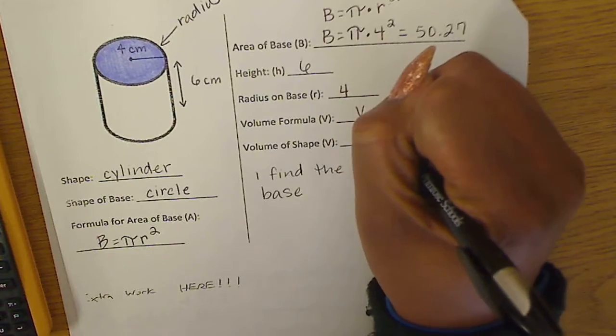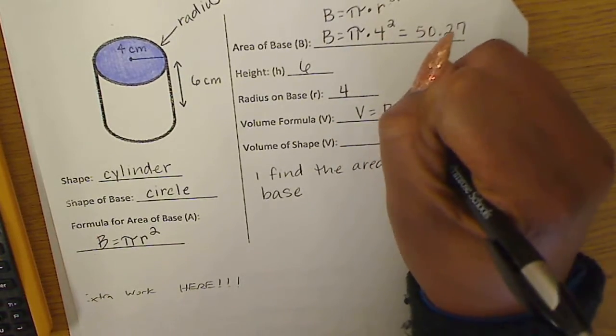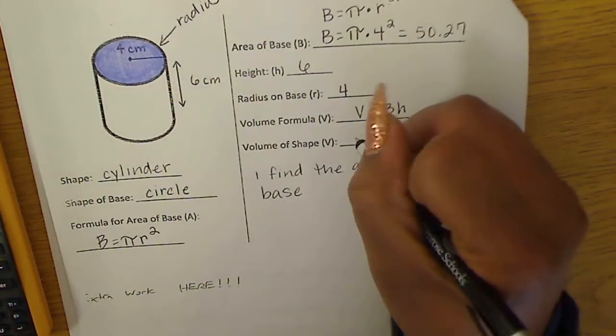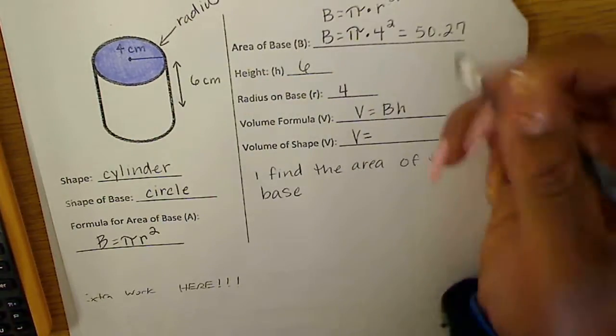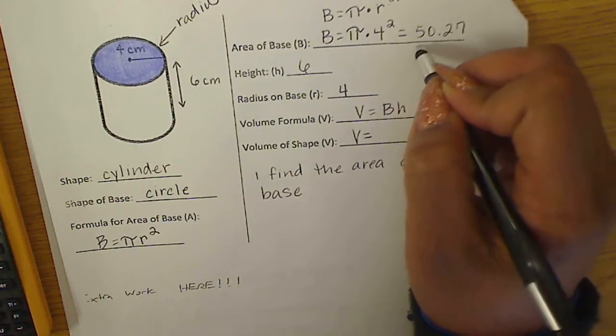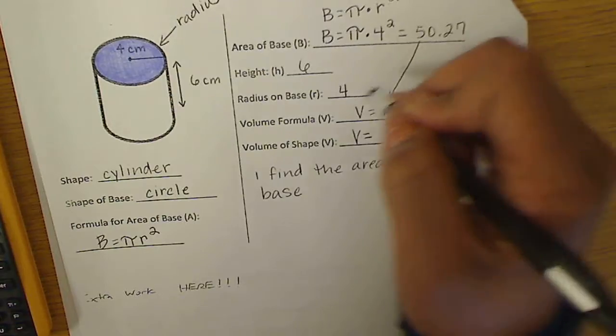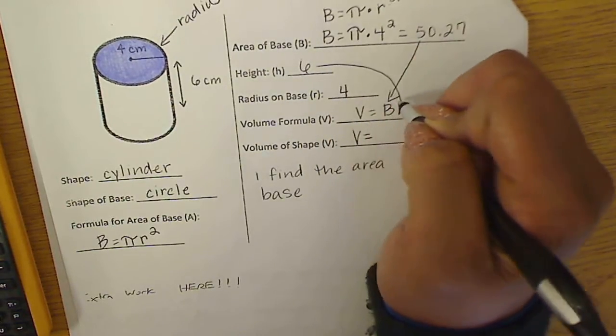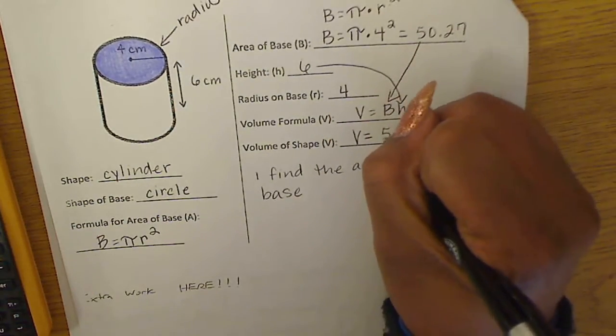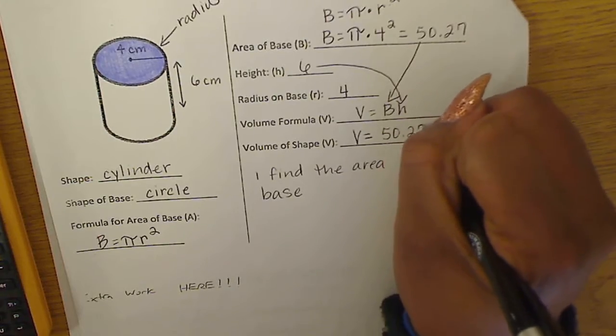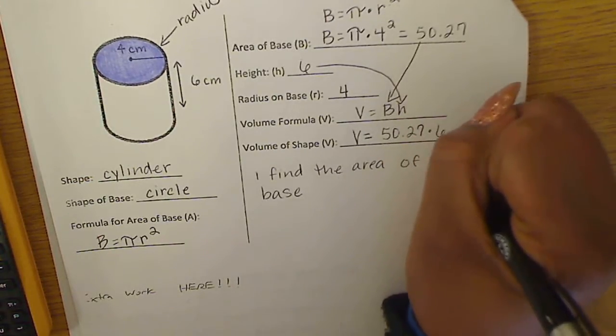So I have my volume equals my base times my height. My volume is going to equal, what's my base? This is my base right here, and my height came from there. So I have 50.27 times 6. And what is my answer?